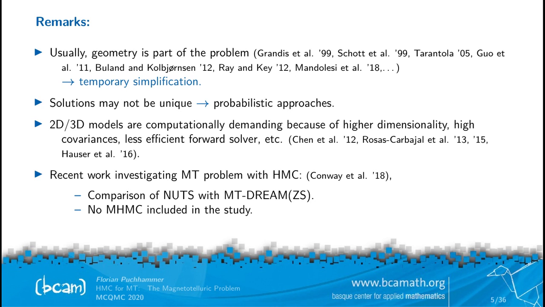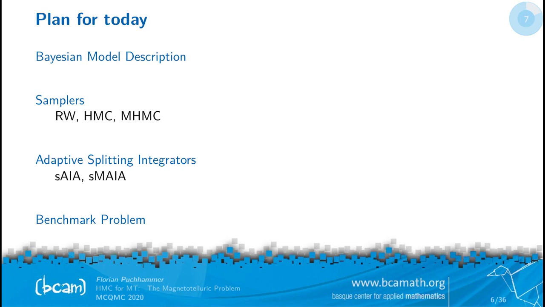And also what they did not include was modified Hamiltonian Monte Carlo methods, and this is one of the big selling points here. The plan for today is that first of all we derive the model description in terms of Bayesian.